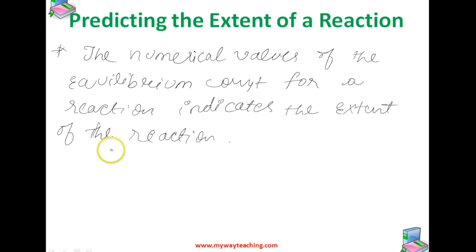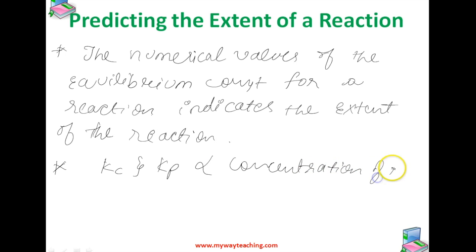But it is important to note that an equilibrium constant does not give any information about the rate at which the equilibrium is reached. The magnitude of Kc and Kp is directly proportional to the concentration of the products.